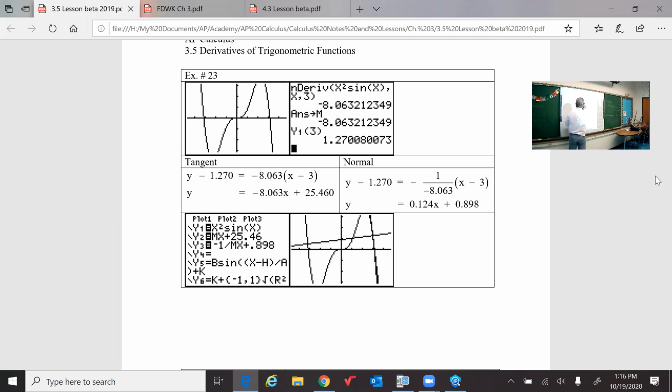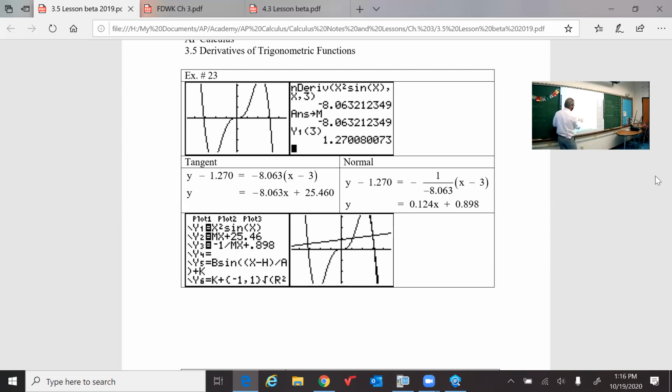The value of the function at 3 is this. So the -8.063 is your slope. What are you doing? You're sliding it 3 to the right, up 1.270. That's the tangent. The normal line is the opposite of 1 over this.